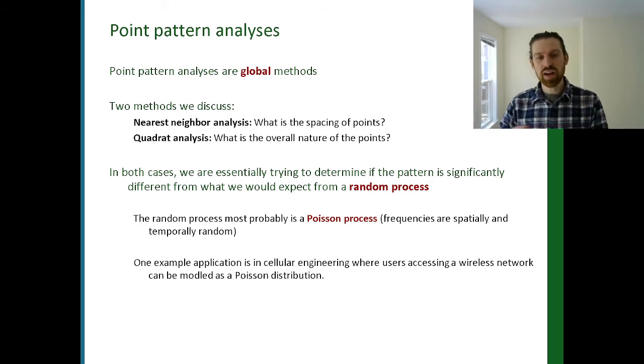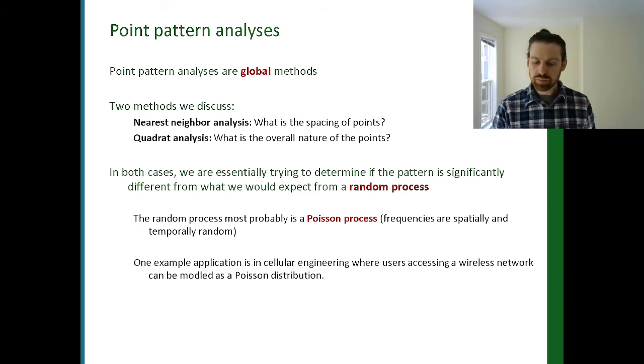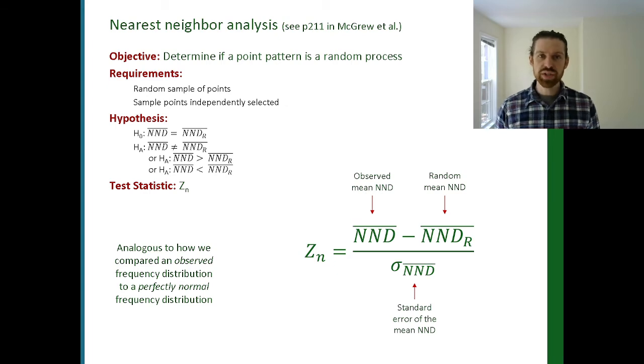You can then use these distributional patterns to make estimates as to how much data you think is going to be used across a cell area at different times of the day. Okay, so that's one way in which you can approach this problem.